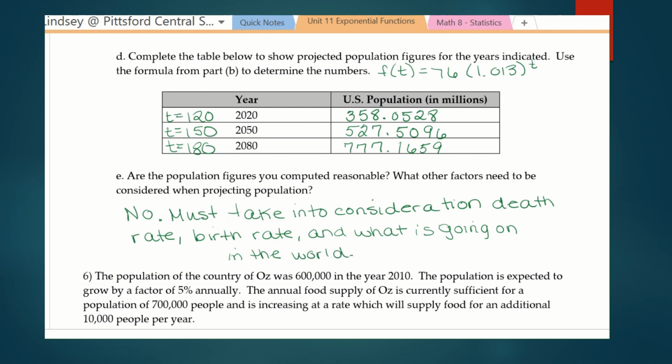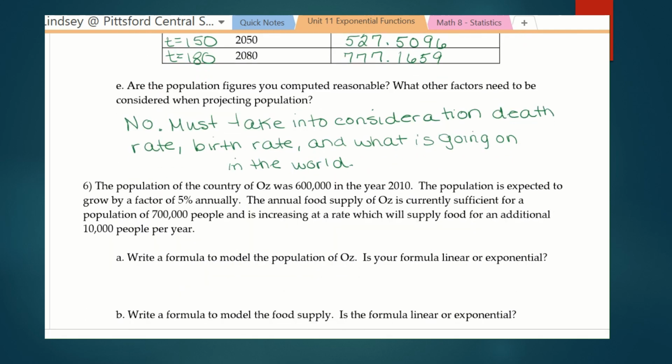If those factors weren't taken into consideration, then yes, these would be some realistic predictions, but unfortunately we do have to take into consideration all of these factors that aren't necessarily included when we predicted the populations for those future years.